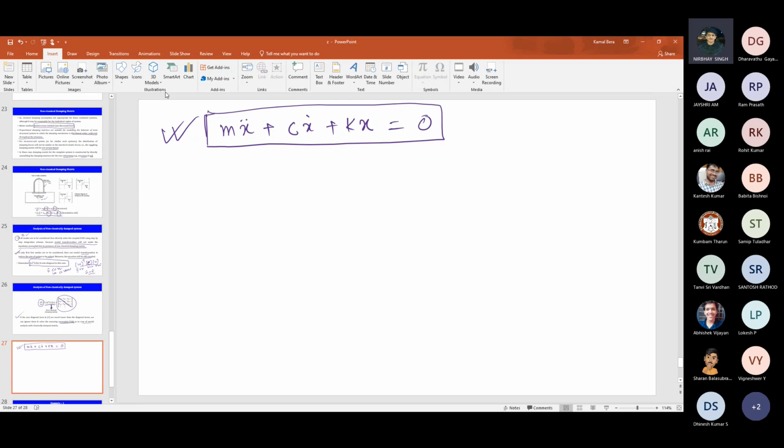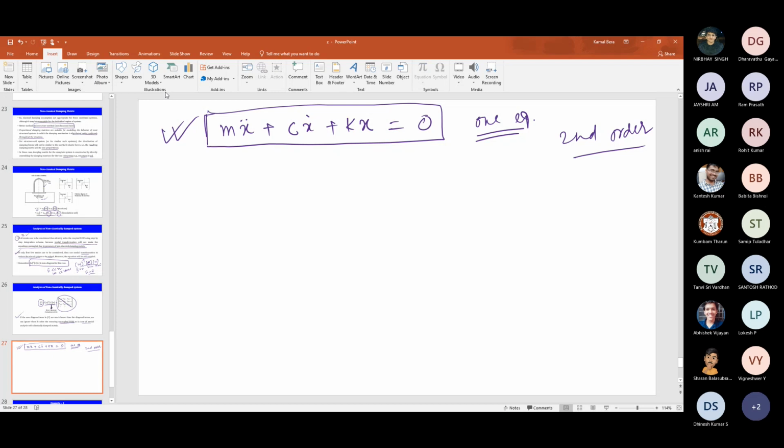Matrix vector I have shown, so then it's a single equation. Is it first order, second order, third order? Second order homogeneous, linear, ordinary differential equation, and the number of equations is one.